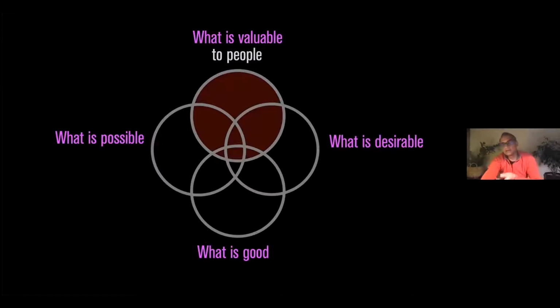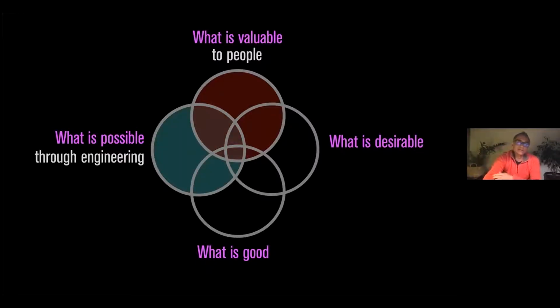As you start designing anything, it could be a product, a building, a landscape, some graphics, an app, whatever it might be, let's start by asking 4 key questions. What is valuable to people, or is what we are designing bringing some value into people's lives? That's one question. The second question is, is it possible, is it feasible through engineering?